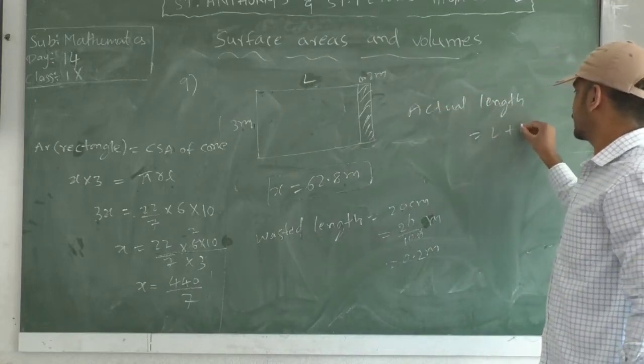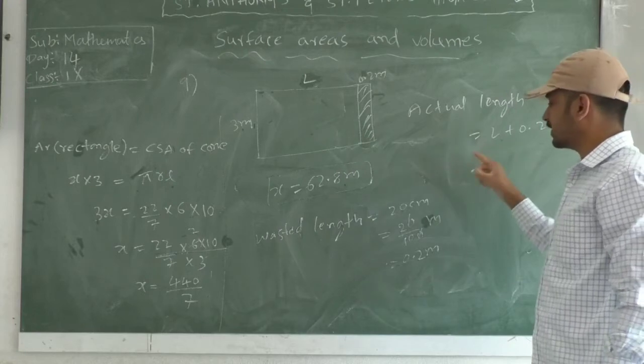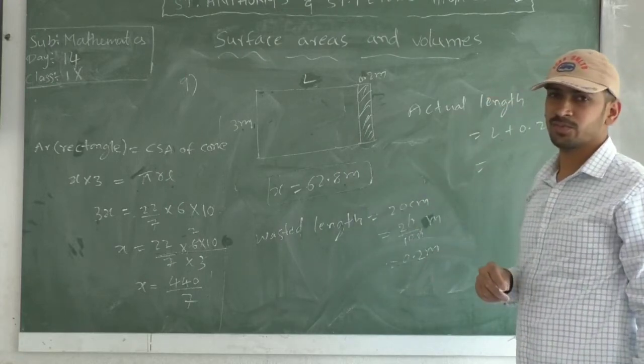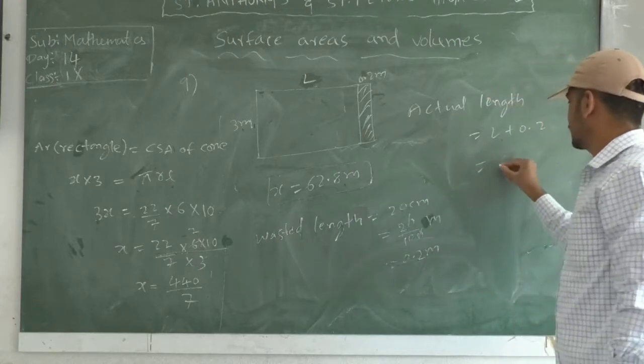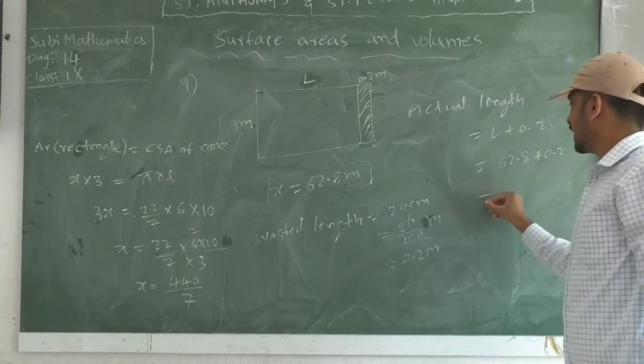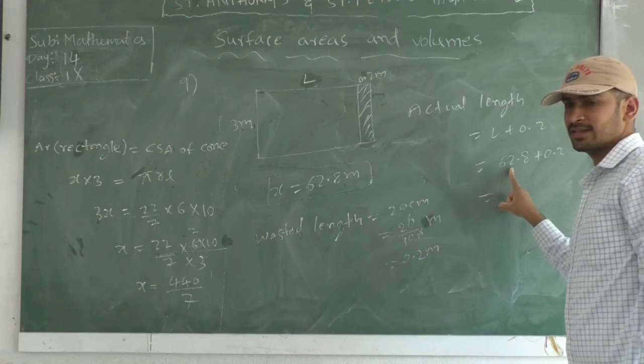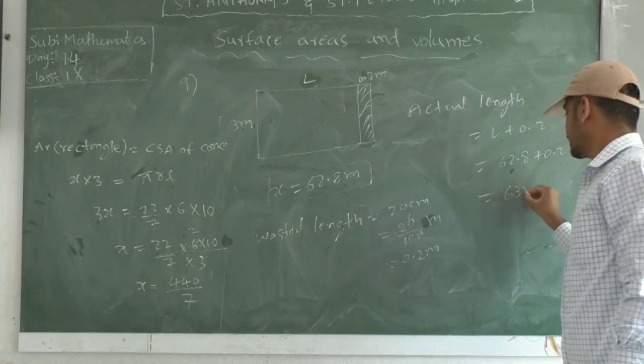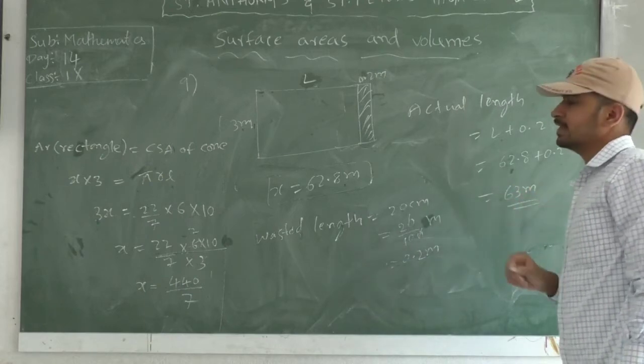Before, the length of the rectangle was 62.8 meters. Adding 62.8 meters plus 0.2, we get 63 meters. This is the actual length of the tarpaulin.